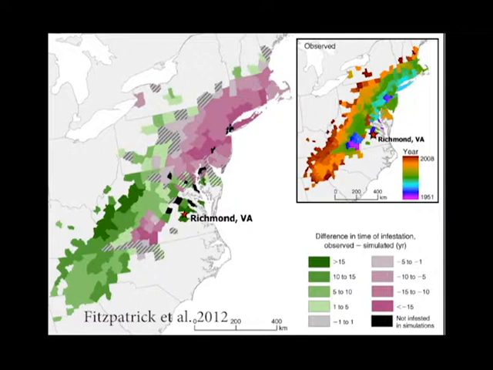Well, first off, I should say that the distribution of the insect that you're seeing on this map is greatly influenced by the distribution of hemlock. This Hemlock woolly adelgid is a host-specific insect. At least in eastern North America, it's only known to feed on eastern hemlock and Carolina hemlock, two very closely related species. And so a lot of the distribution here is reflecting the distribution of eastern hemlock.